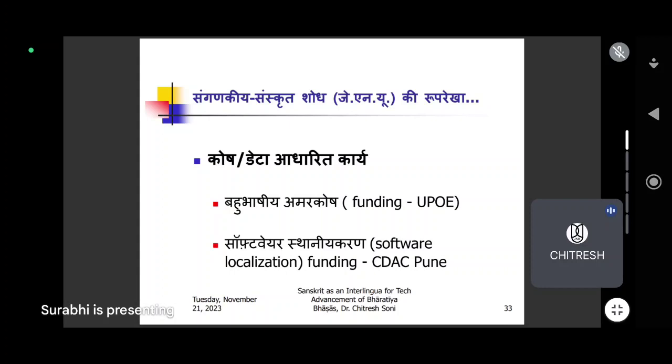Dynamic search. For example, let me give an example of go. I give the system input go, and it will not just give results. It is dynamically cross linked, so it will give me results from Nirukta, from Mahabharat, from Amar Kosh, Nighantu Kosh, Ayurveda search, Halayudh Kosh, and a whole lot of koshas.